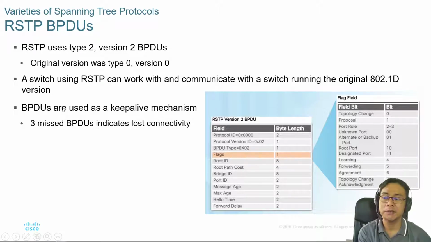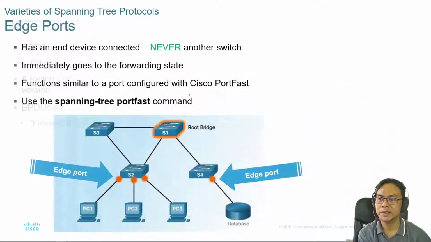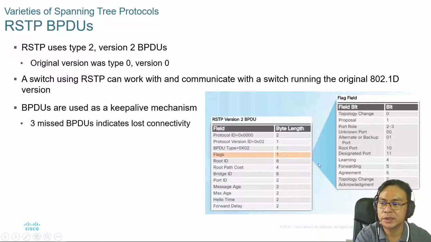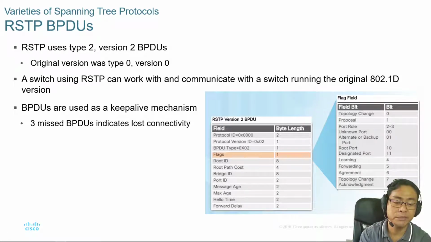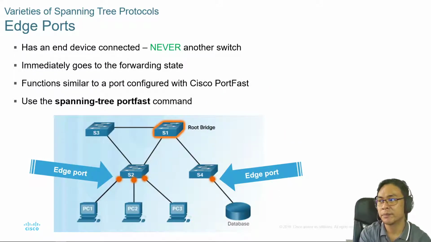You already know the BPDU, right? It's sent to communicate their parameters. That's why, going back to the slides, these are the common values we are looking at, because they are the determining factors for our root bridge.